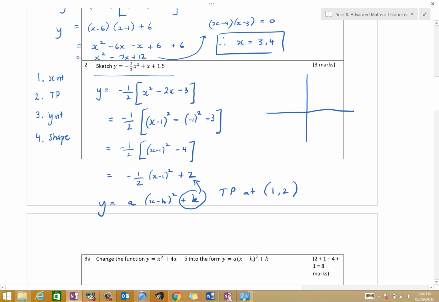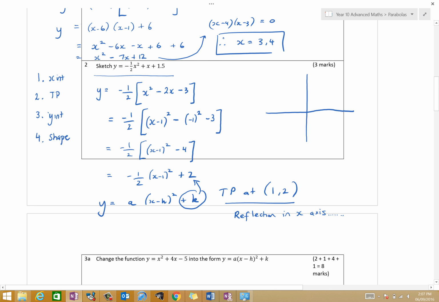We also know, because that a is a negative value, it's a reflection in the x-axis of the graph x squared, or even the graph x minus 1 all squared plus 2, which means we've got a sad quadratic.